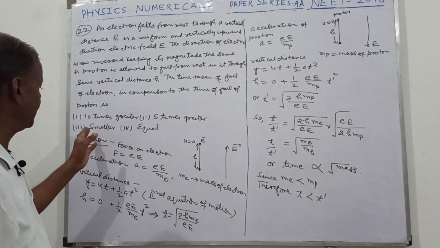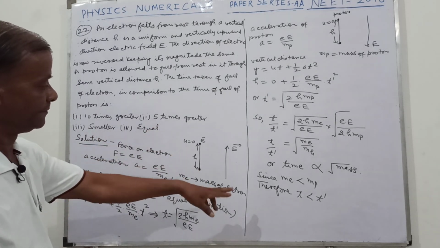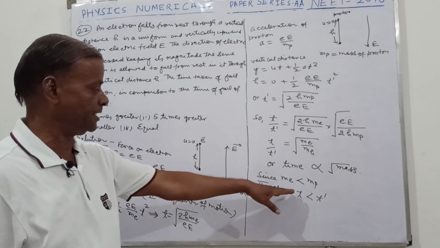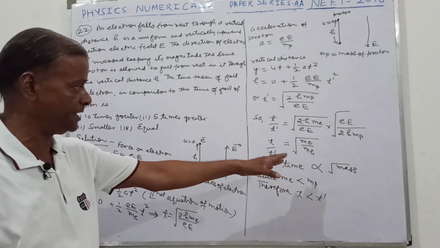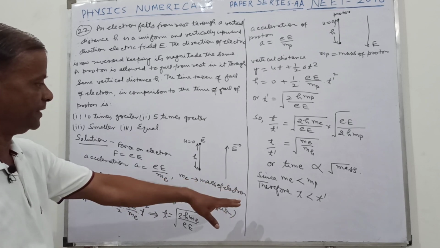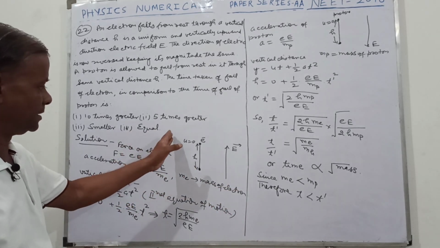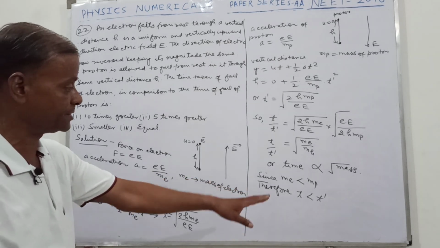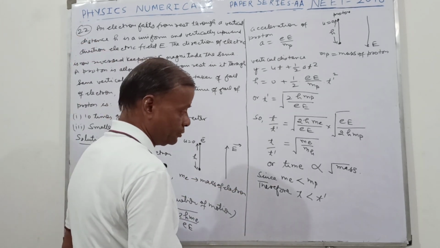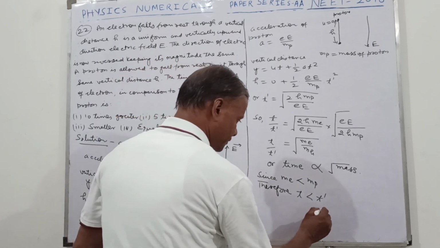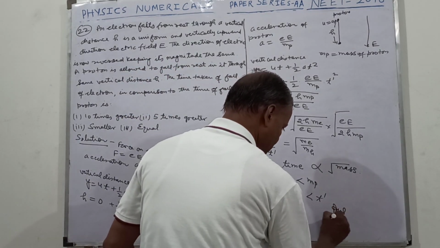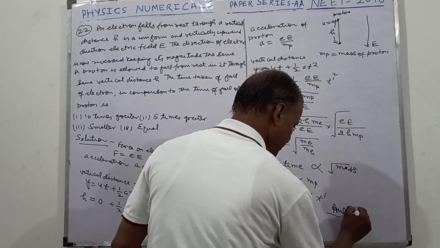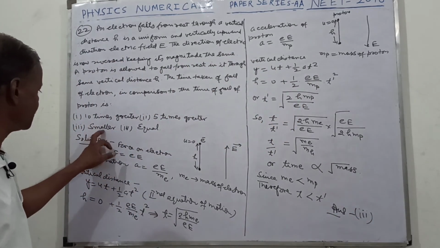So the time will be smaller. T and T dash are never equal, and you can find that the time of the electron is never more than the time of the proton to fall through the same height. So our answer is the third, smaller.